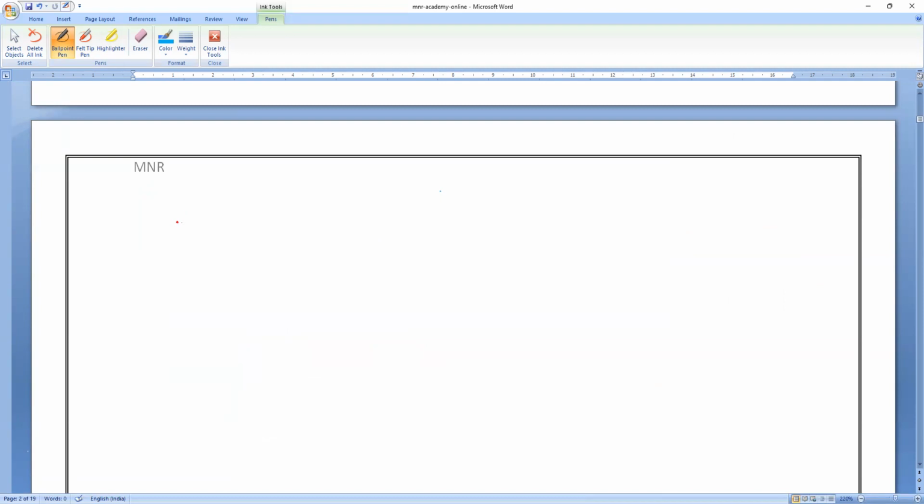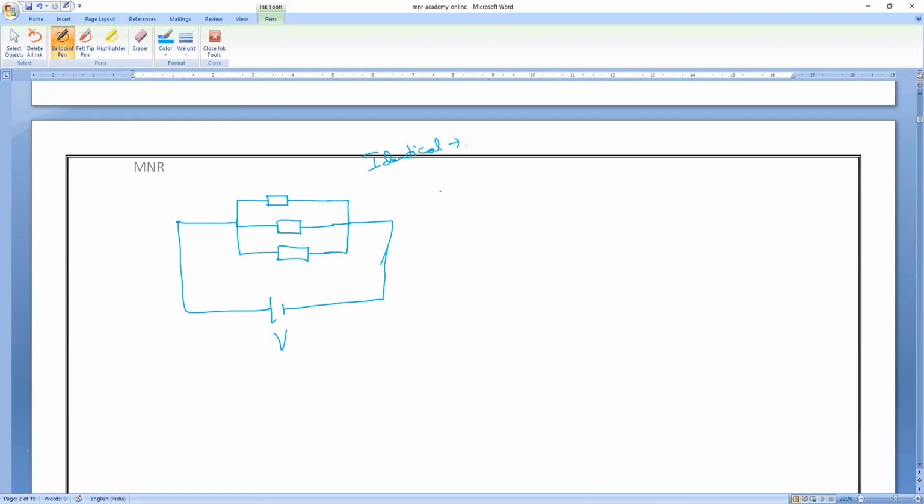Now, everybody observe. If there are three resistors connected in parallel, maybe they have equal resistance. They are connected across some potential difference V. Now, if they are all identical resistors, identical means R1 is equal to R2 is equal to R3.